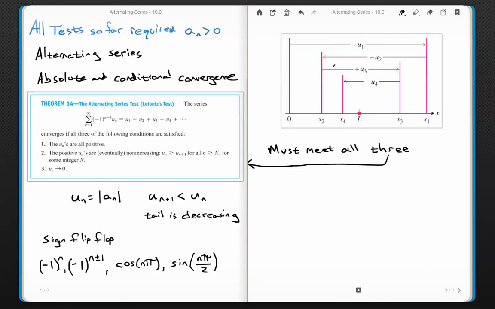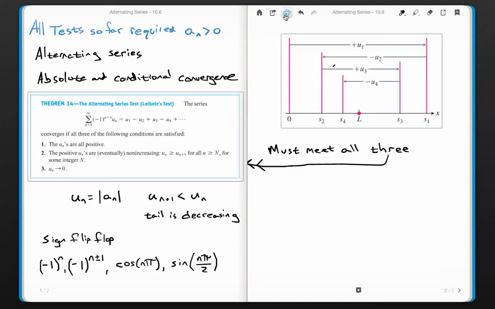I'll draw another arrow there. Okay, so that's important. But I think this is pretty cool: we spent all this time working on does it converge, does it converge, does it converge. If it alternates, it converges. And we'll talk about that more in a little bit.